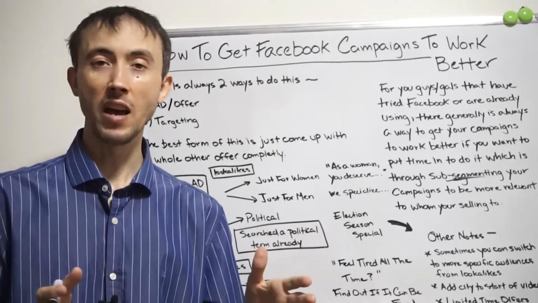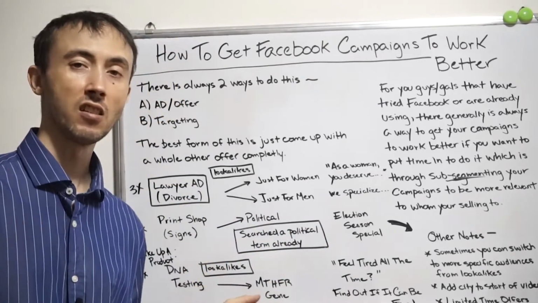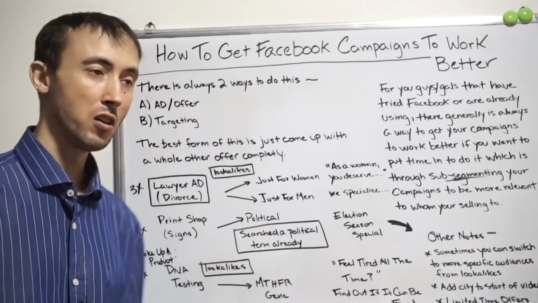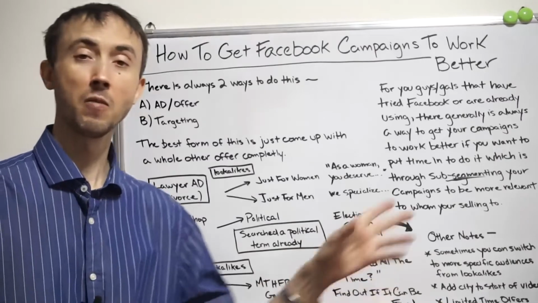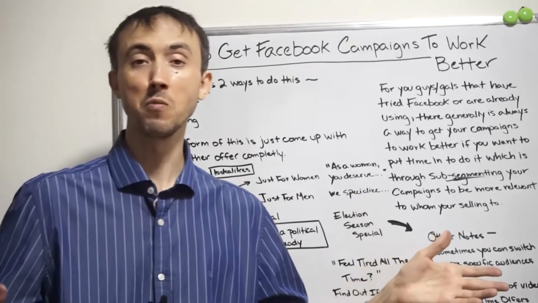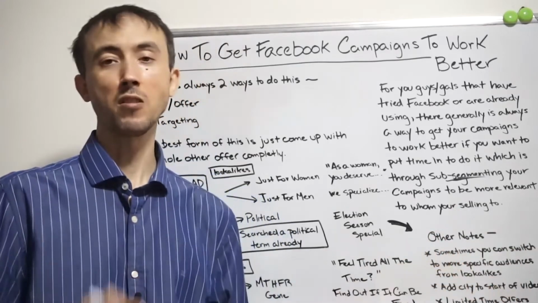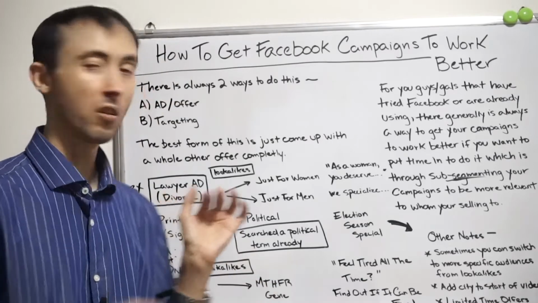So that's another way to sub-segment, if you will, and you maybe just find that the lookalikes isn't the way to go with your new offer. You really want to go after your customers with a new offer and a different audience, both. Most of the people that are looking for new customers on Facebook are not targeting people who've been to their site or their current customers. They're looking at lookalikes.